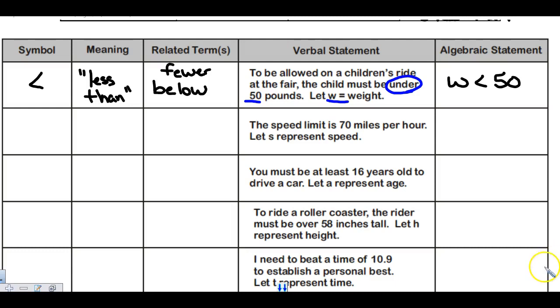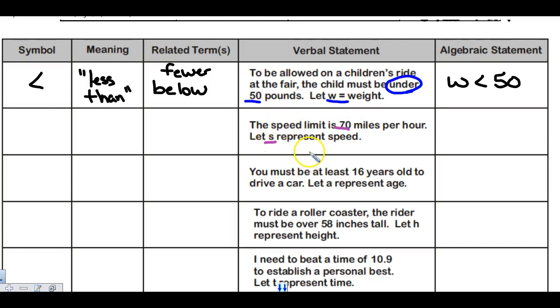It says the speed limit is 70 miles per hour. Let S represent the speed. Okay, so the speed limit may be 70 miles per hour, but we don't have to go exactly 70. Good news is we deal with this one on a daily basis, so it should be pretty easy for us to represent this. We see 70 as our value. Here's S, our variable.